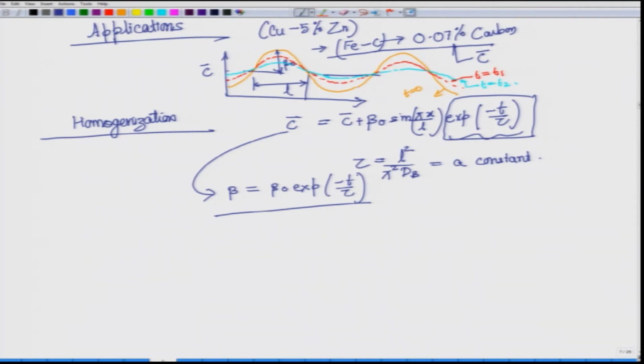So, that is how this homogenization is taking place. So, in the end what you will get is completely homogenized in terms of composition.